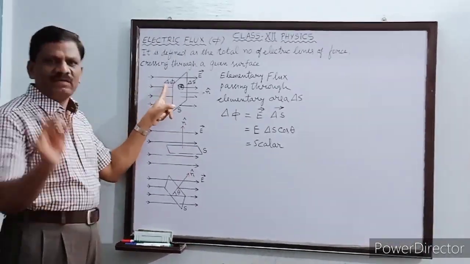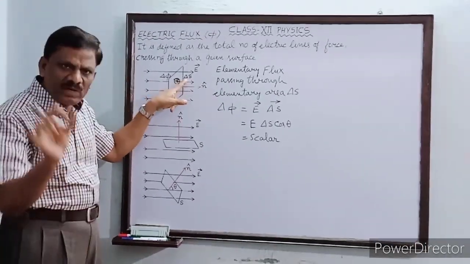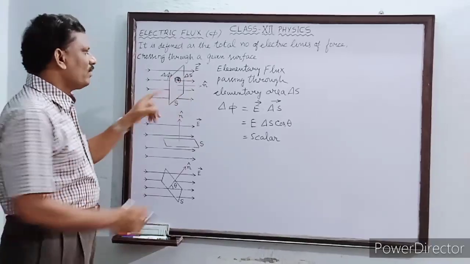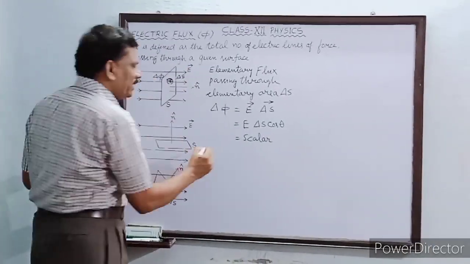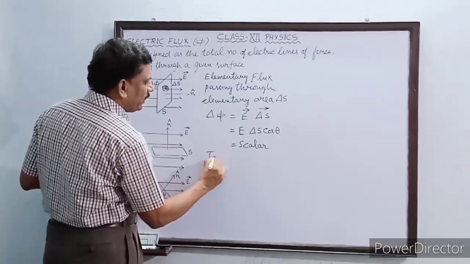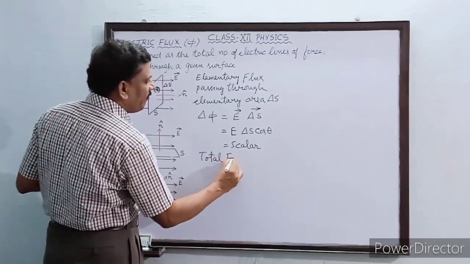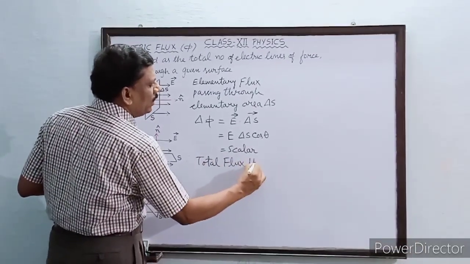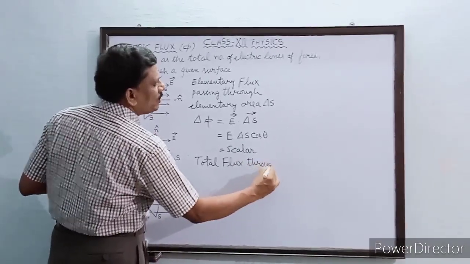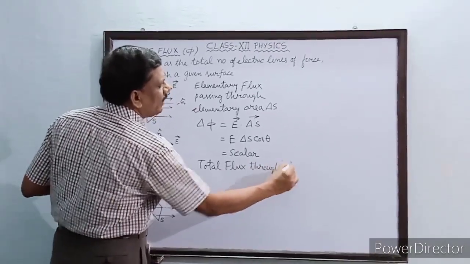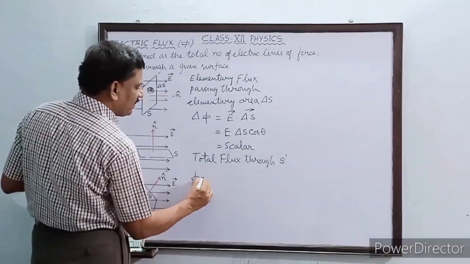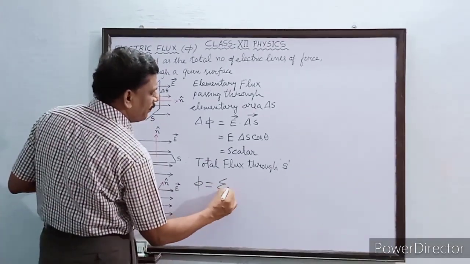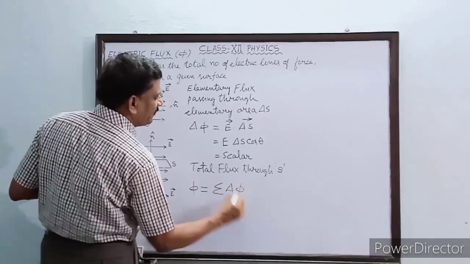Therefore, what should be the total flux passing through the entire area? Delta phi is only the very small flux passing through the very small area delta S. Therefore, what is the total flux through the entire area? Flux is equal to the summation of delta phi.